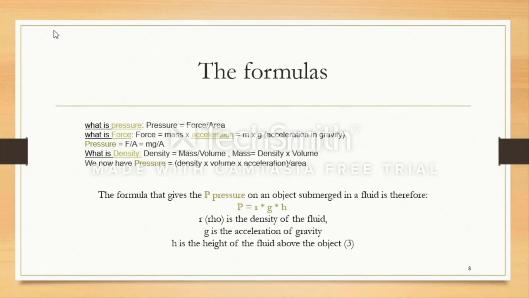And rho is the density of the fluid, which depends on the fluid in our test and project. With these three parameters, we can solve for the pressure. The formula is written here.